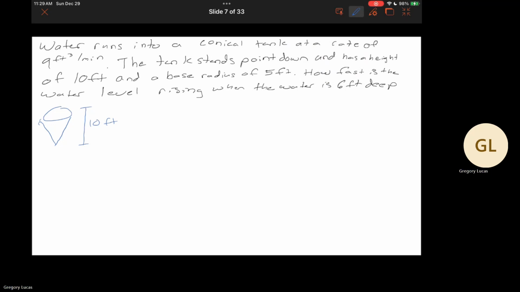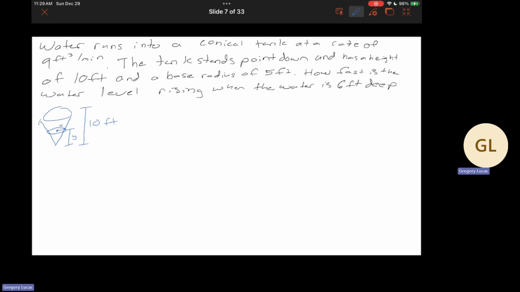We want to know when our water is 6 feet. So I'm going to call this variable here y, the height of the water level, and then I'm going to call the radius here x, the radius of the water's circle when the water is 6 feet deep. So we're going to call that x and y.